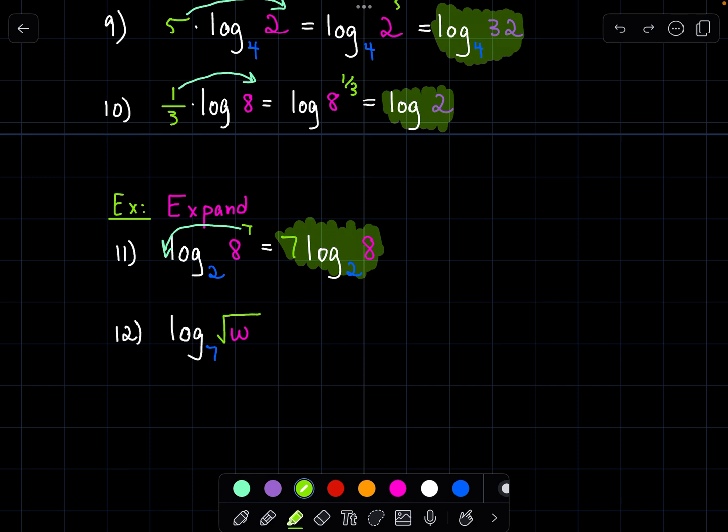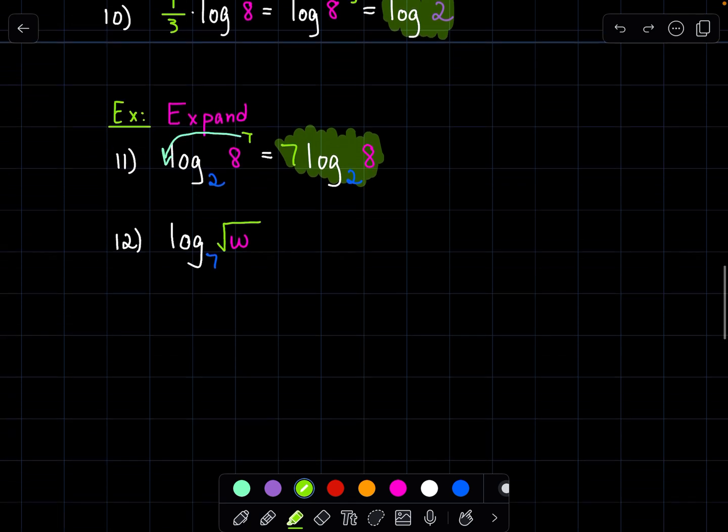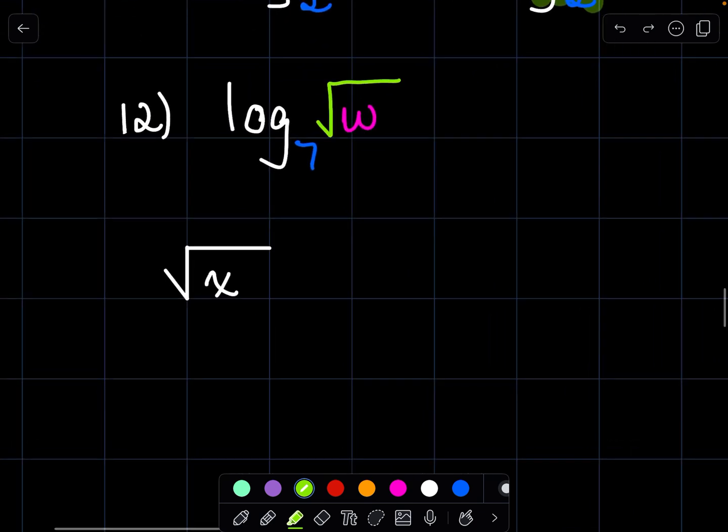If we have log base 7 of the square root of w. Now, the only way that we can use the power property with radicals is that we have to know what their equivalent form is in rational form. So here's an example. The square root of x. Well, all radicals have what we call an index, and that index will always be written just inside the tail of that root.